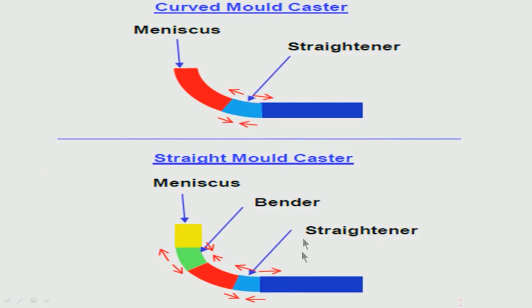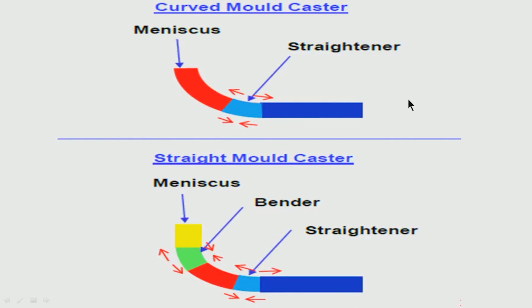So, in both the cases, if the inclusions are more or less uniform, we will have relatively more inclusions near the inner radius than at the outer radius. But for a straight mold, it is uniform.